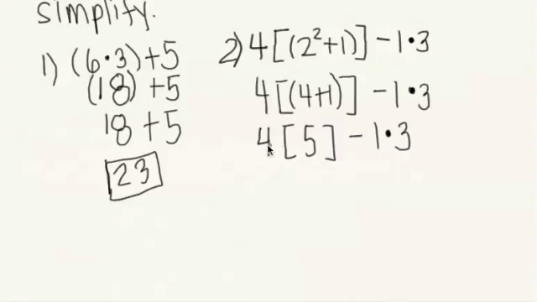Starting from left to right, the 4 times 5 goes first, because remember we go left to right. So 4 times 5 gives me 20, and then 1 times 3 gives me negative 3.